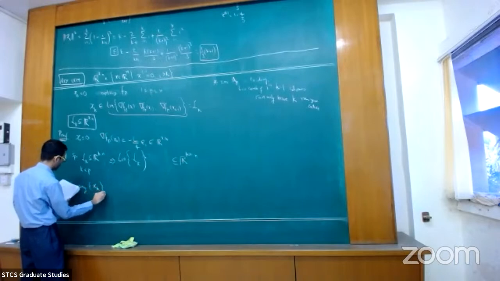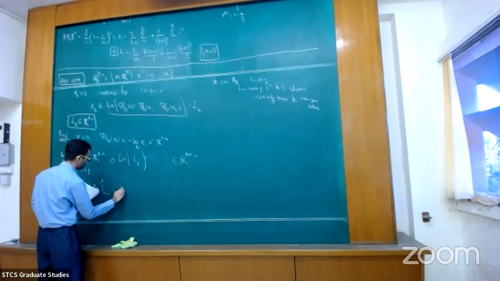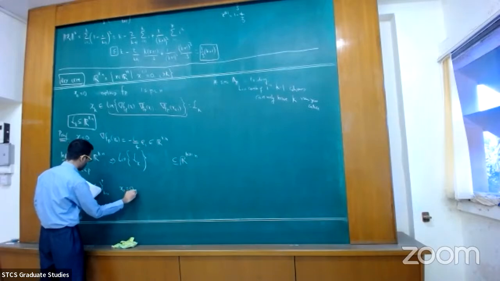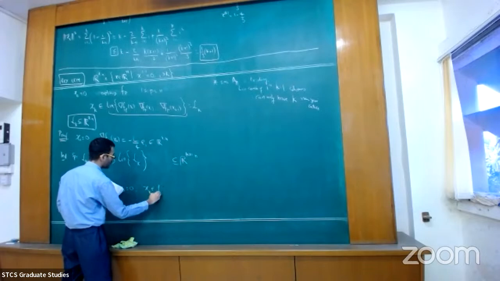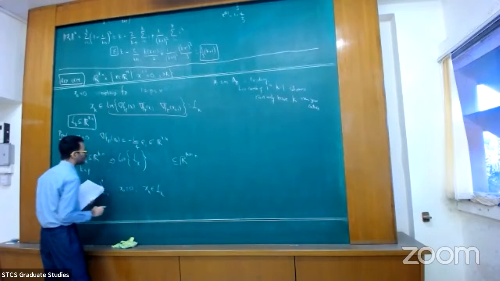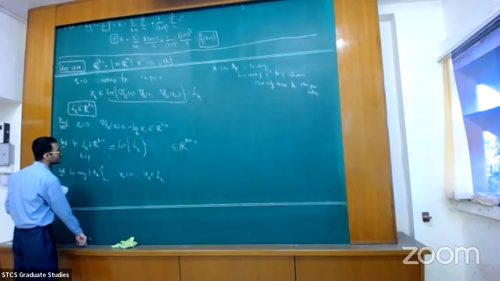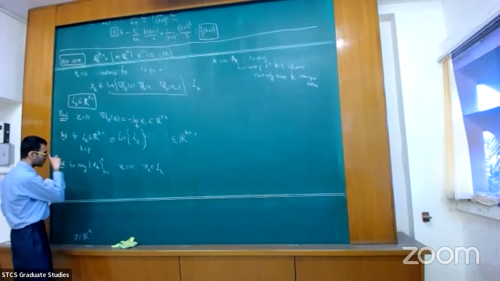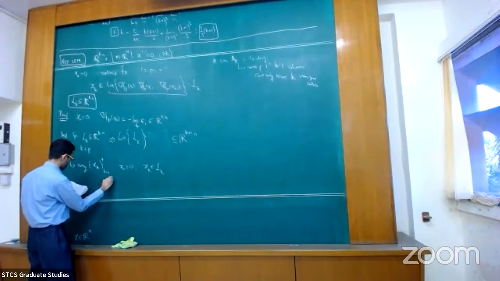Give me any sequence with x0 equal to 0 and x_k in L_K.